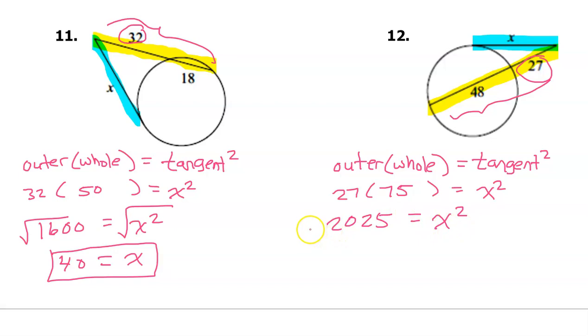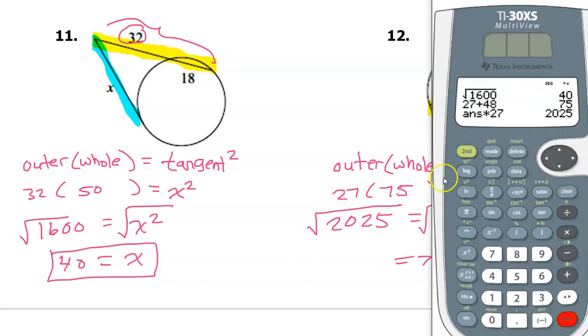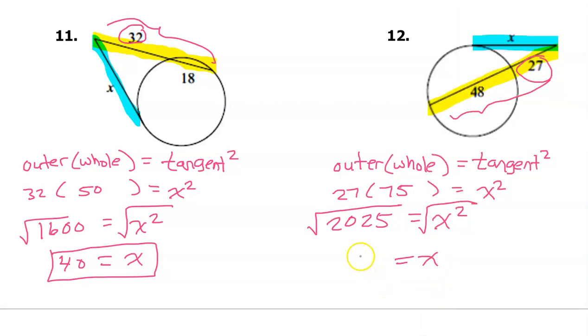Again, to get x by itself, we need to take the square root of both sides. So what is the square root of 2025? 45. And that really is the end.